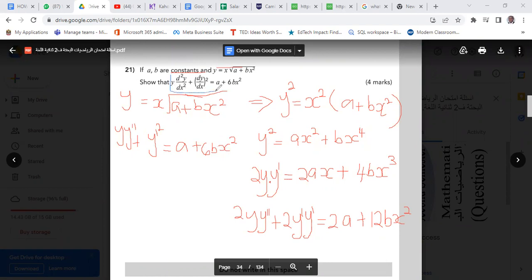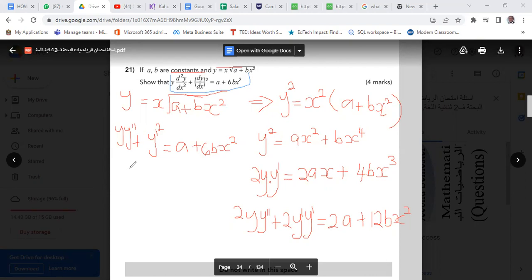Now, this is my y here. The x squared times y double prime is the same thing as y prime prime. I'm sure you know that already. Plus, y prime all squared is equal to a plus 6bx squared. We have been able to show that successfully, and you have 4 free marks.